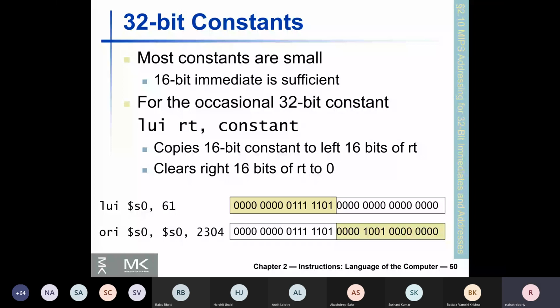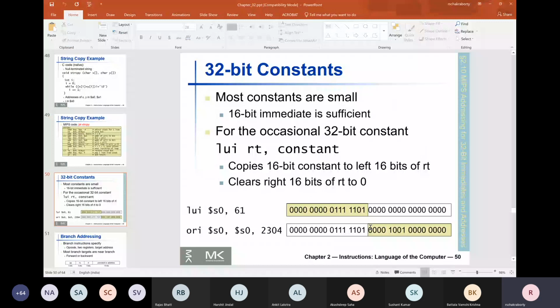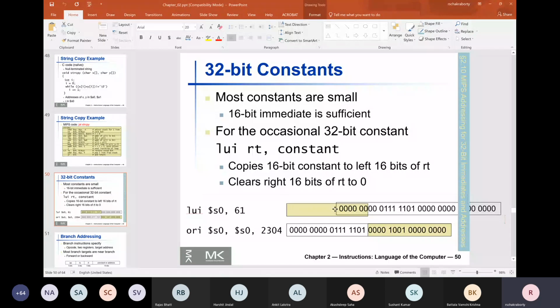For example, if you execute this, whatever is highlighted here gets stored on the left hand side, on the MSB side. So this is slightly peculiar. LB instructions or LBU instructions do not work like this.